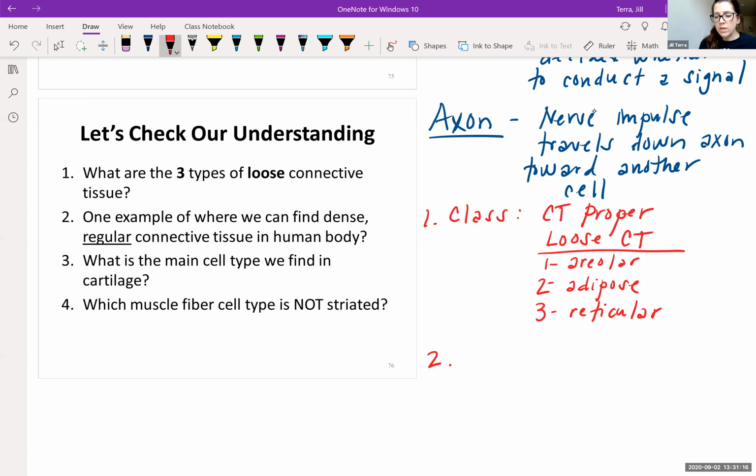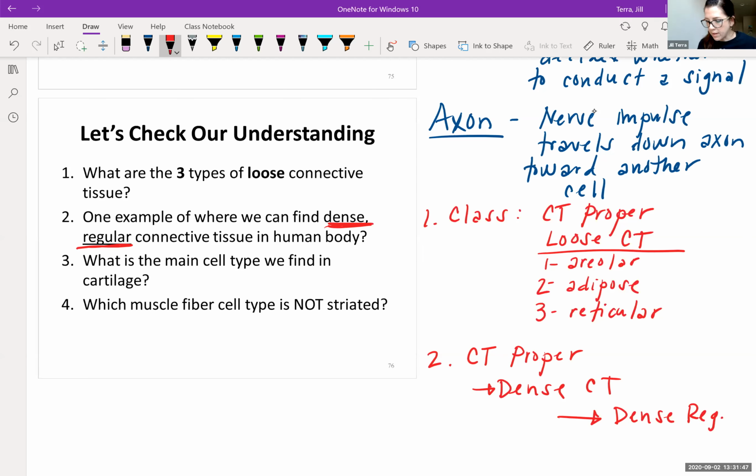Okay. All right, number two, one example of where we can find dense, regular connective tissue. Okay, there's at least 3 or 4 examples we talked about. Okay, so regular connective tissue. Again, that is regular dense, so dense regular. So that would be the subclass of dense in CT proper, right? So dense, remember there's dense regular and there's dense irregular.